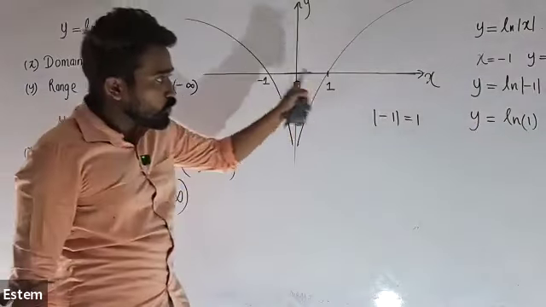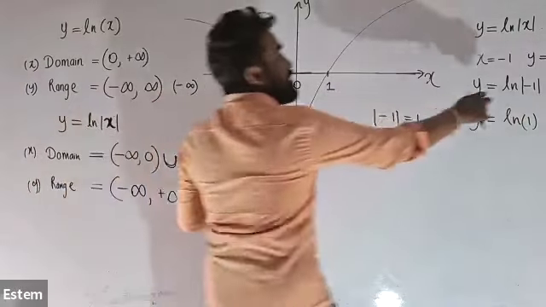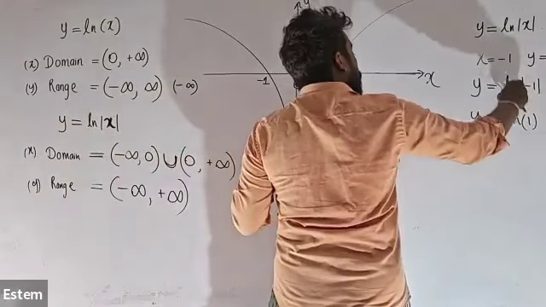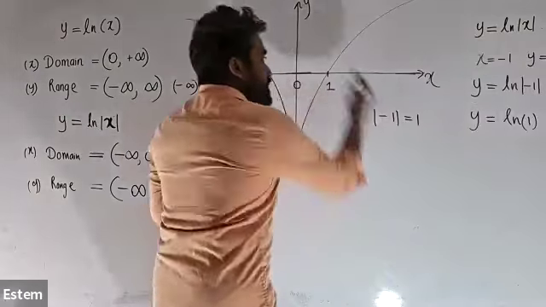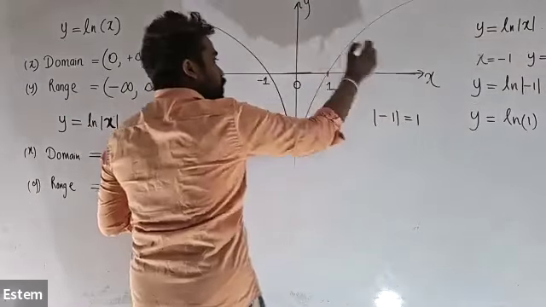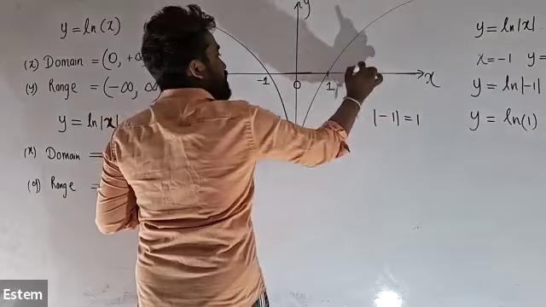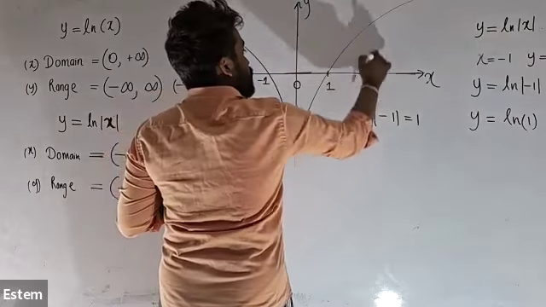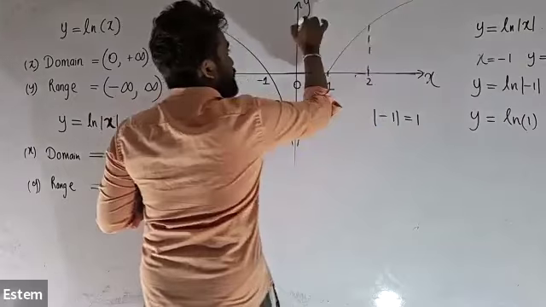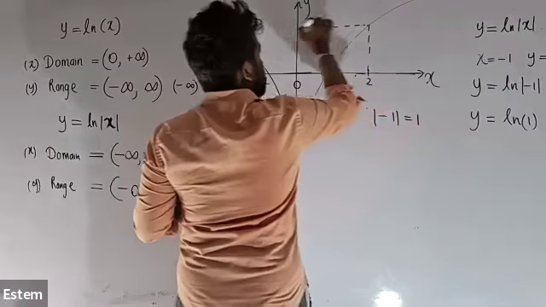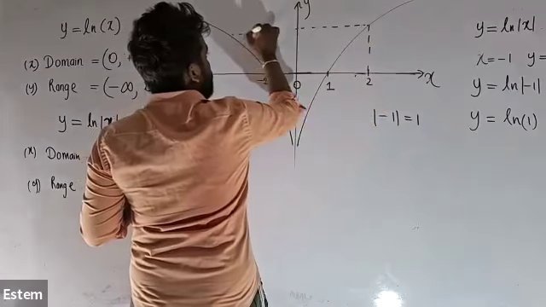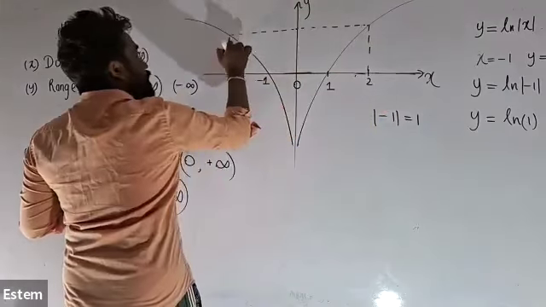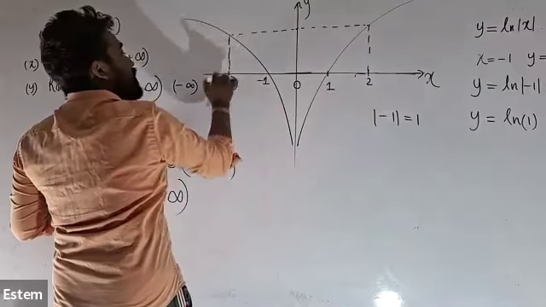When x is minus 2, it is also ln 2. So it is the same as this graph. Both y values are the same. If this is x equals 2, the relevant y value is this, and this y value is also valid for x equals minus 2. Why?